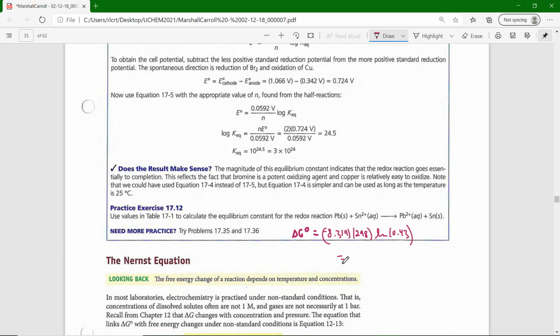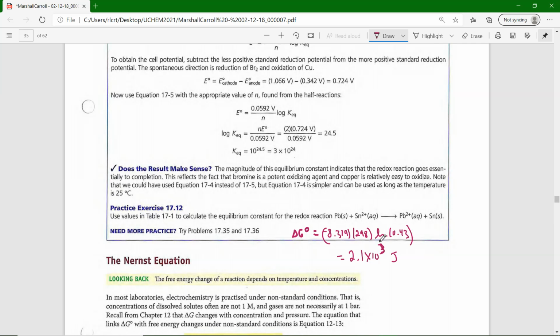So about 2.1 times 10 to the 3 joules. Okay, so it's non-spontaneous in the forward direction.